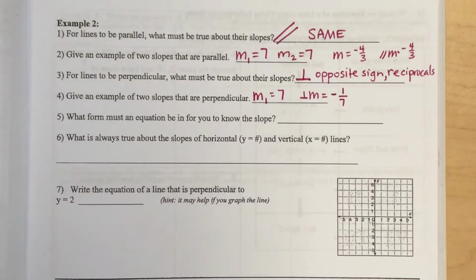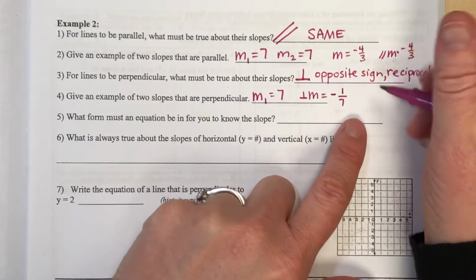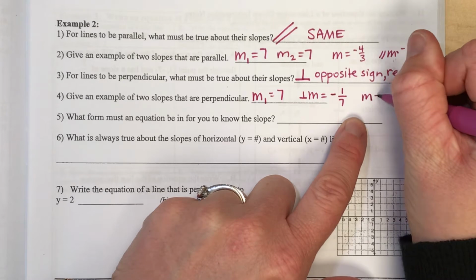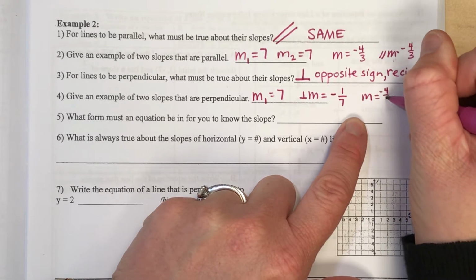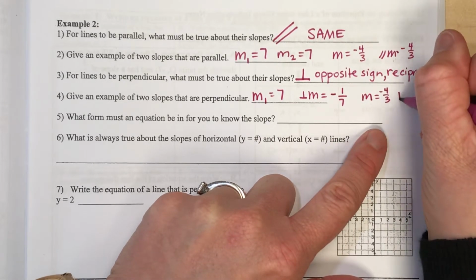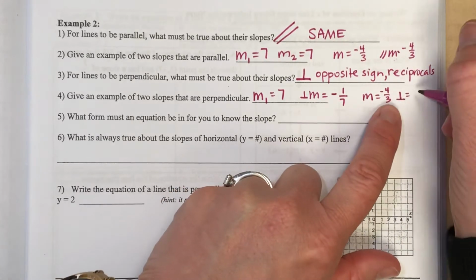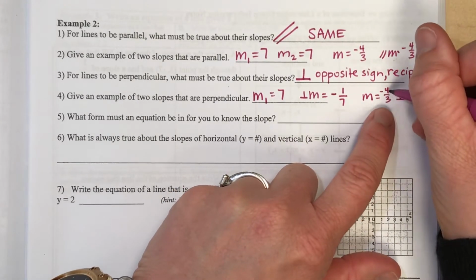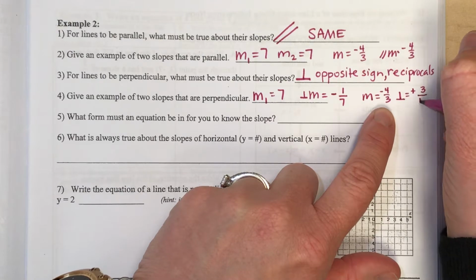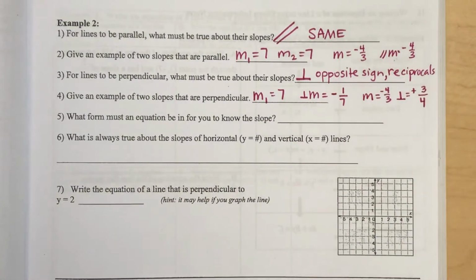Now, likewise, if I was given the slope of -4/3, my perpendicular slope to that would be opposite sign, which would be a positive, and flip your fraction upside down, 3/4.